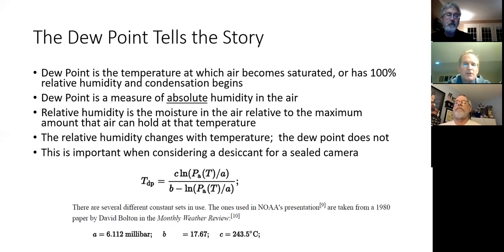But the absolute humidity, the total amount of moisture in the air, usually doesn't change over the course of a night, which is why the dew point's a good way to measure seeing, because the lower the dew point, the lower the total moisture in the air. And this is really an important point in considering what desiccant to use for a sealed camera and what will work and won't work.